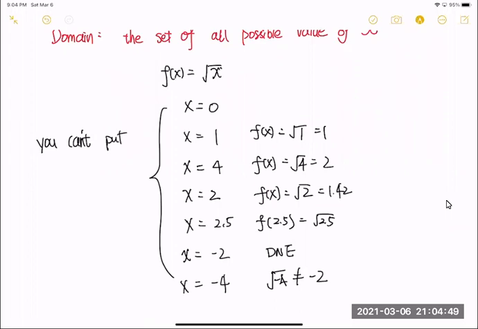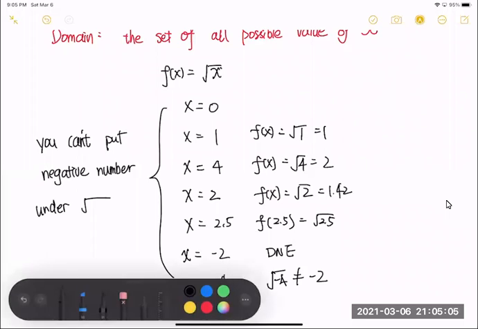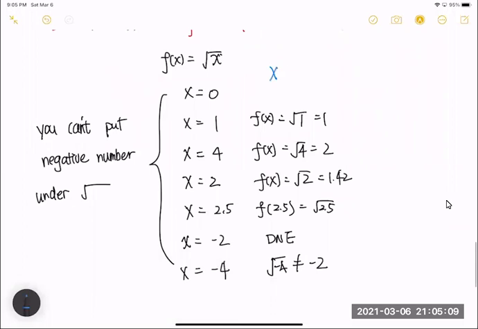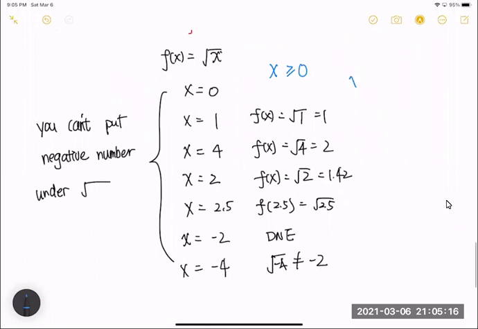In words, we say you cannot put a negative number under the square root. So the domain should be x greater than or equal to 0. Or you can write it in interval form, which is x including 0, so it's a bracket, 0 to infinity.